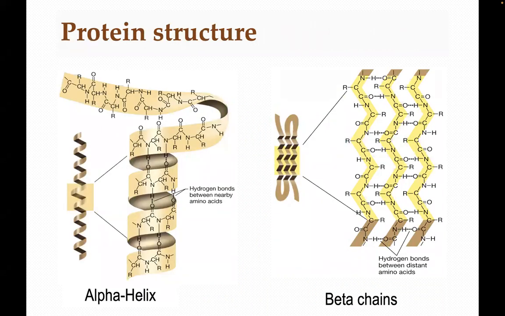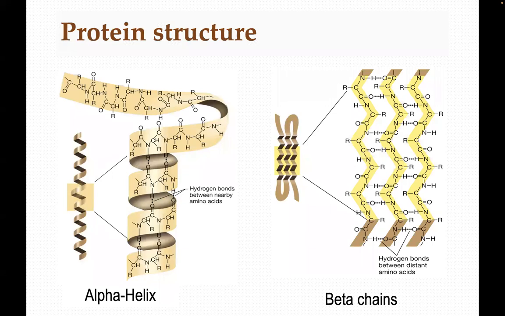So this gives further explanation about alpha helices and beta chains. Just to concentrate more on beta chains, you remember we've said that the normal PrPC has more of alpha helices and less of beta pleated sheets. So if we look at the beta pleated sheets, normally the amino acids are in linear format.